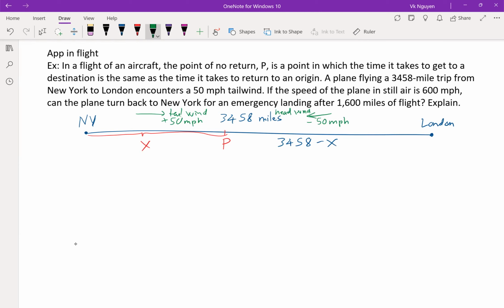Speed from New York to London is 600 plus 50, 650 miles per hour. And then the speed from London to New York is 600 minus 50, which is 550 miles per hour.